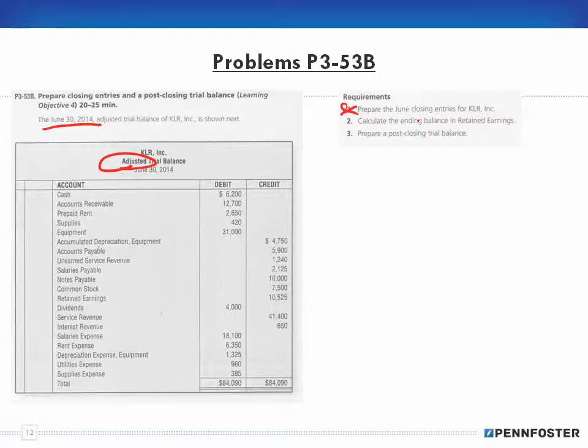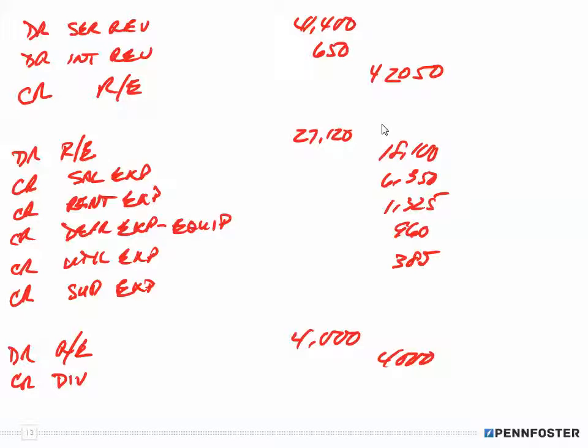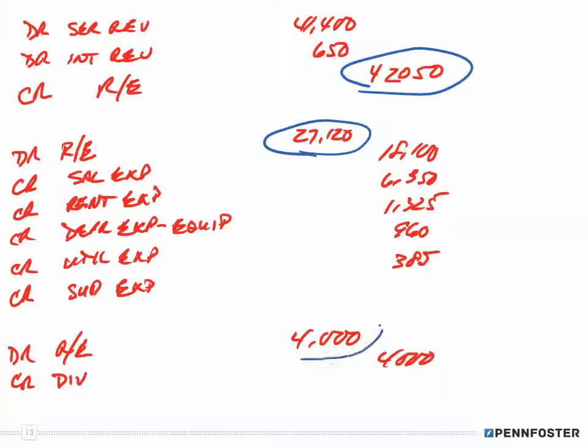And now we're going to calculate the ending balance in the retained earnings. Okay, so if my beginning balance was $10,525, and now I have my closing entries. Well, what am I doing? I am looking at the amounts that are affecting my retained earnings.